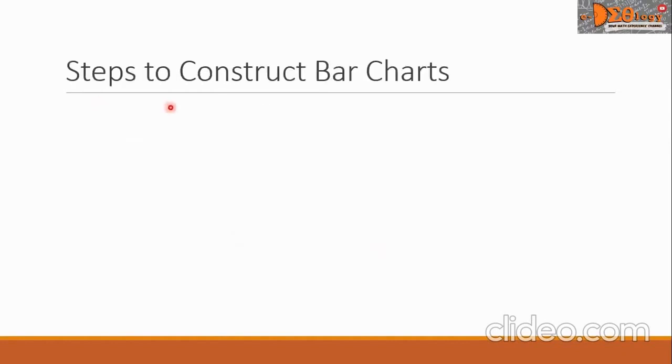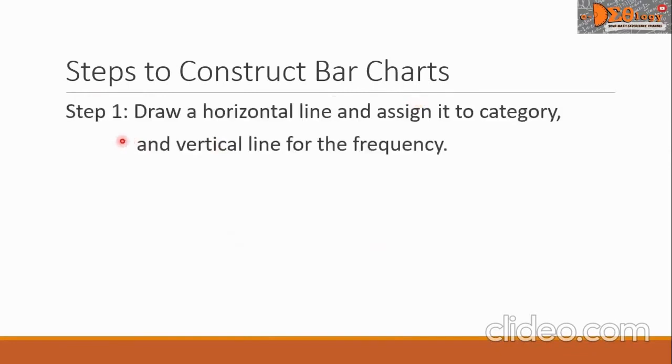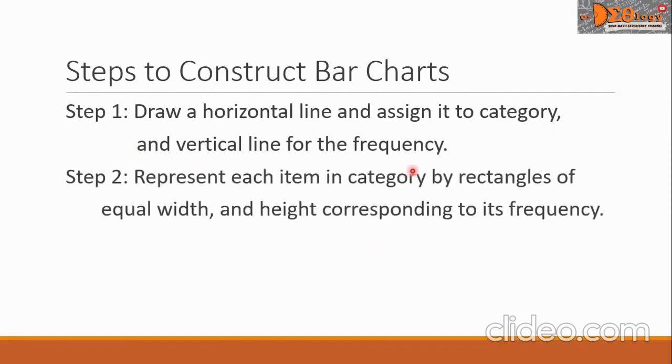These are steps to construct bar charts. Step 1. Draw a horizontal line and assign it to category, and a vertical line for the frequency. Step 2.